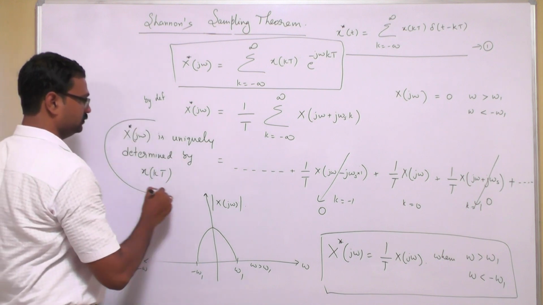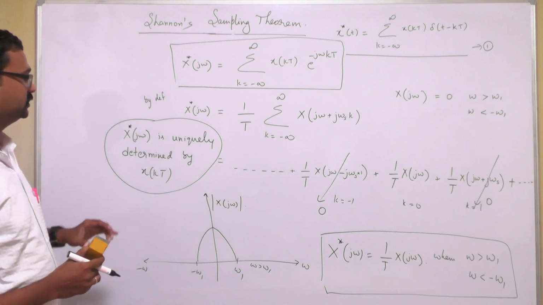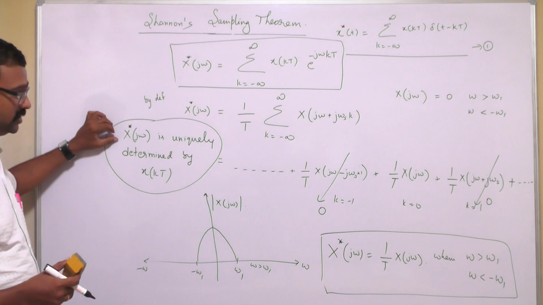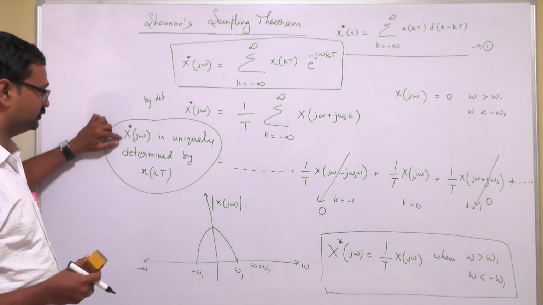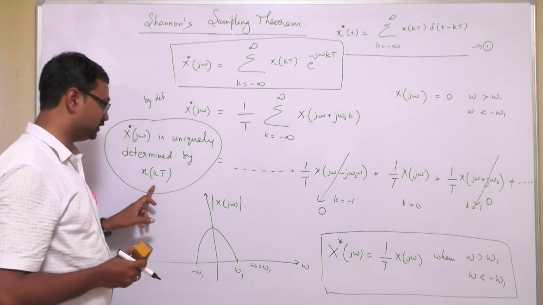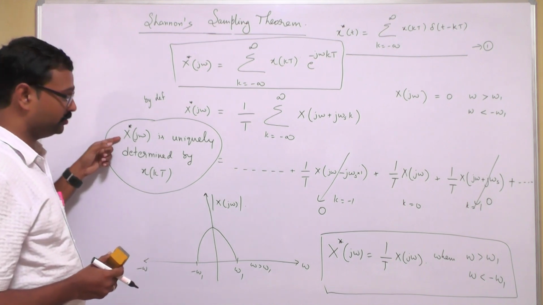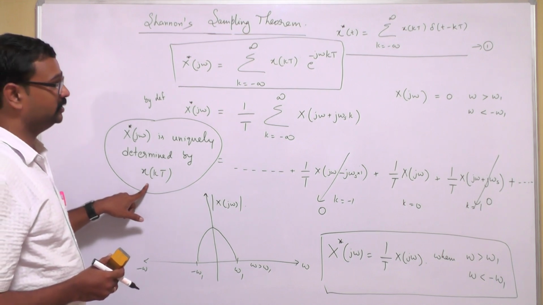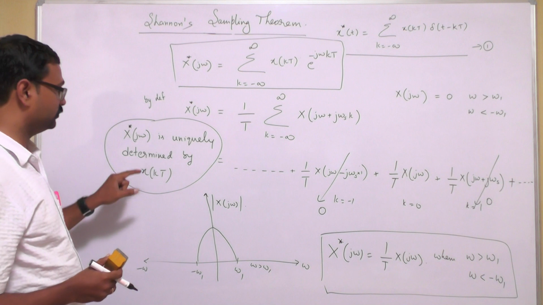Now this is the point that we are going to discuss in the Shannon sampling theorem. So x star of j omega is a frequency domain function, and x of kt is a sampled data signal, and x star of j omega can be obtained from the values of x of kt when you go with this formula. That is what we are trying to see.